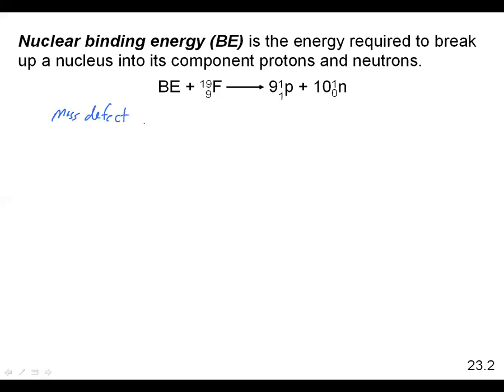By taking the mass of each of the particles that are there. So there are 9 protons, and if we look up the mass of a proton, it's 1.007825 AMU, and we add it to 10, which is how many neutrons we have in this case, and the neutron is 1.0086665.